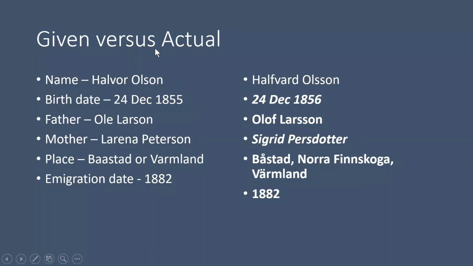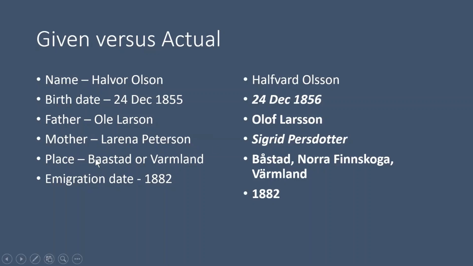So the given versus the actual, really the name was very similar. It was just an Americanization of the spelling, but the birth date was 1 year off. The father, again, was very similar, just an Americanization of the spelling. The mother, Peterson and Persdotter, could be okay. I'm not sure the original name was Sigrid, why it became a Lorena.